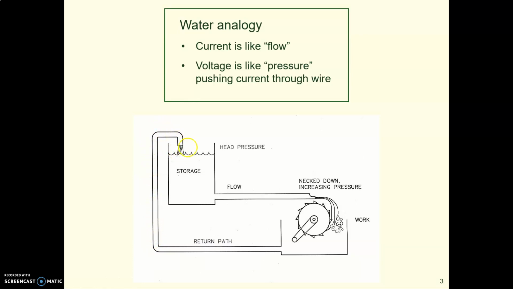So the basic idea is that voltage is analogous to the pressure that pushes the water through the pipe. And current is analogous to the flow of the water through the pipe.